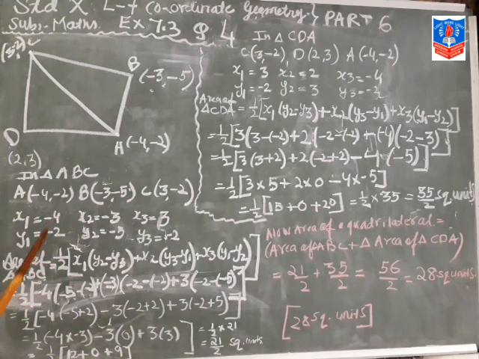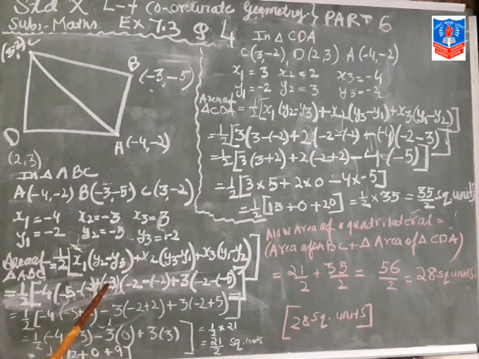Now x1 minus 4, then minus 5, minus and minus 2. Okay, we are writing separately. Clear? Because here I want to show you the minus into minus plus 2. Now you can write this statement directly. Clear? Then x2 is minus 3.